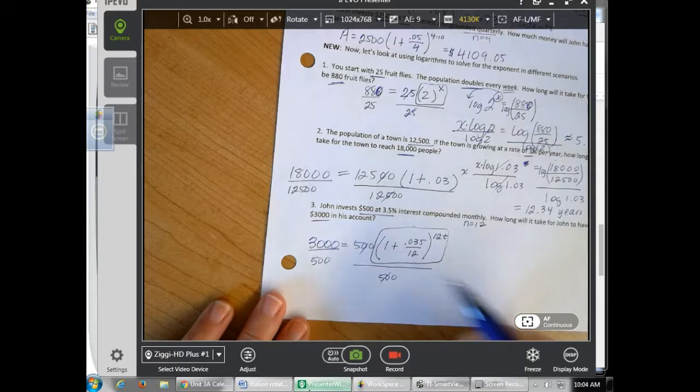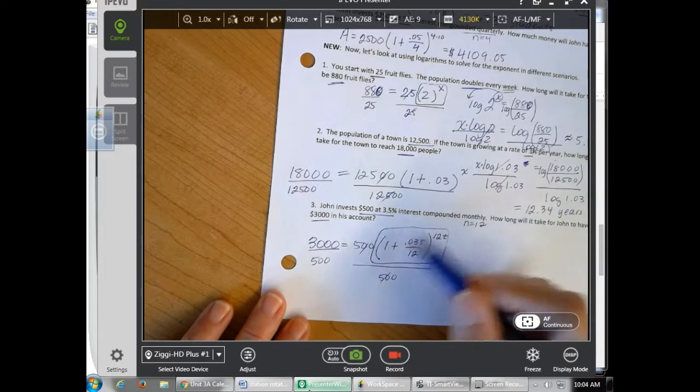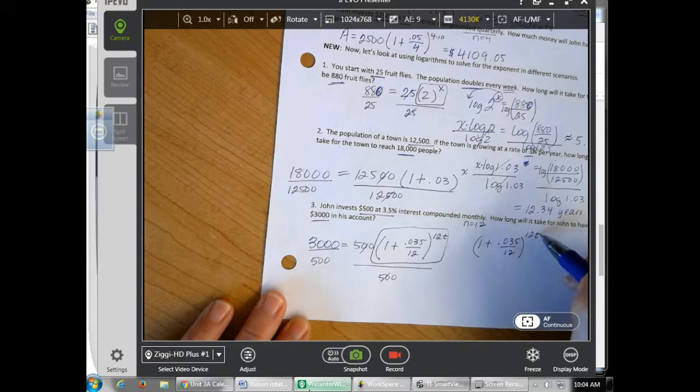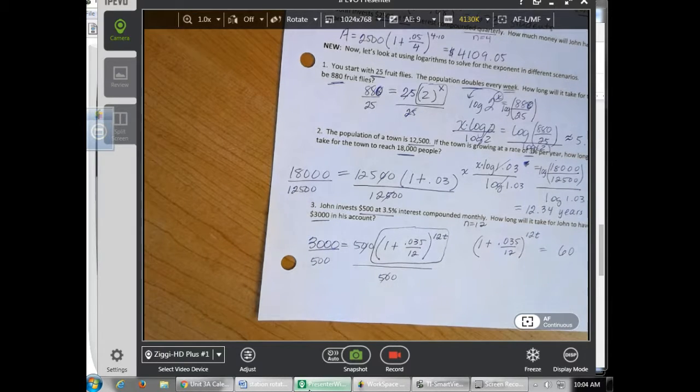Okay, so when I do that, I don't actually have to do any of this in the calculator yet. I'll do 1 plus 0.035 divided by 12. All that is my base, raised to the 12t, and that is going to be equal to 6. All right, so then I'm going to take the log of both sides, just like we've been doing.